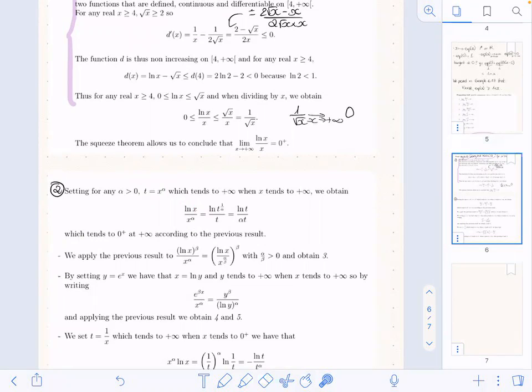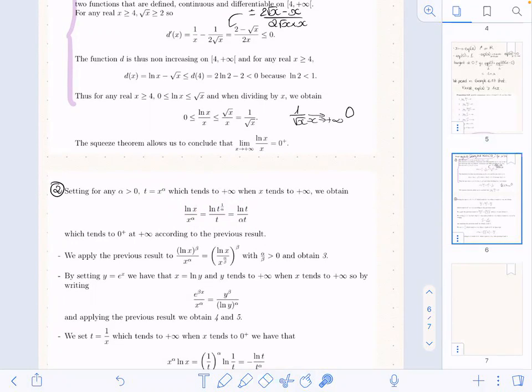So t here replaces x to the power alpha, and logarithm of x will be equal to logarithm of t to the power 1 over alpha. That's just replacing the values by the values related to t, and then you can use the properties related to the logarithm function and see that this term on the left rewrites as logarithm of t divided by alpha times t.